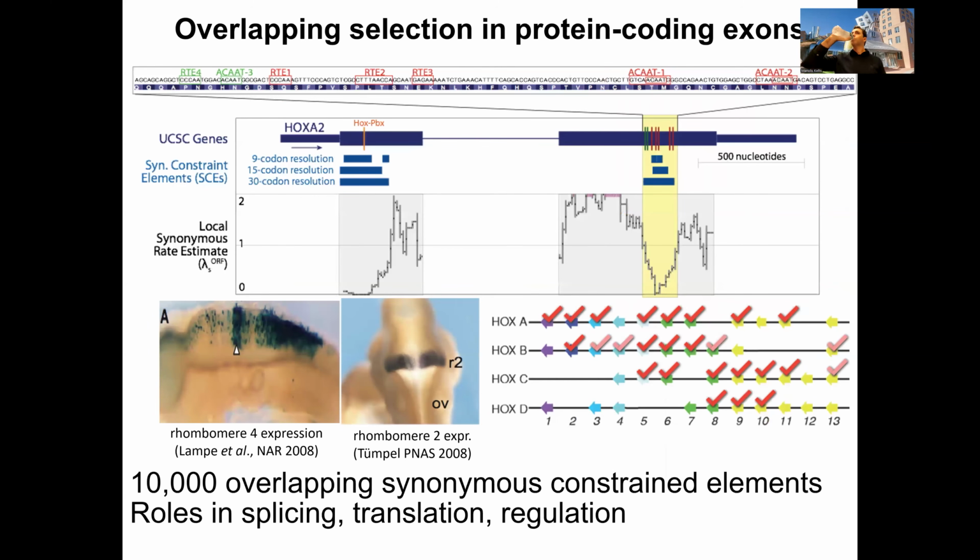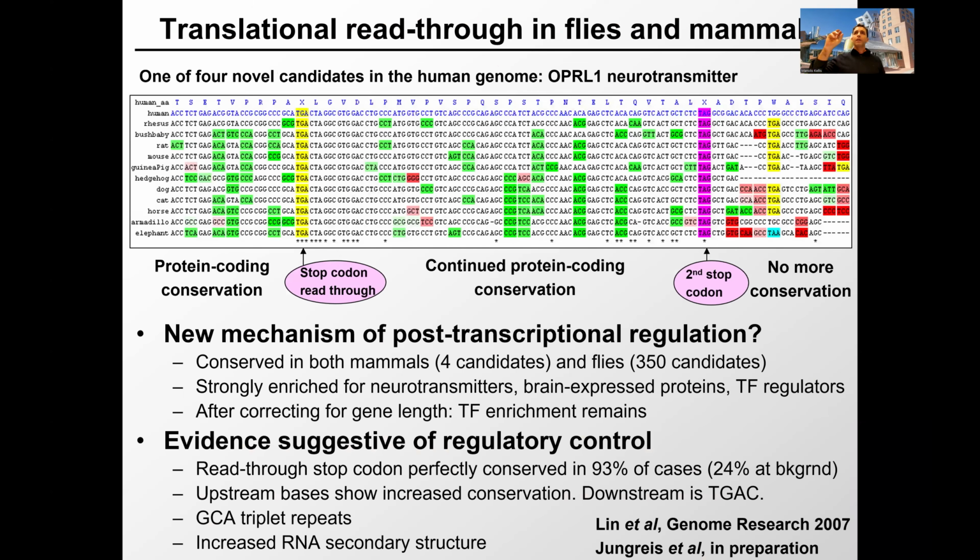Like, how does it blow past the stop codon? So first of all, let me ask the harder question, which is how does translation actually stop at a stop codon? Right? So how does the protein know to stop translating? What you have is mind-boggling.